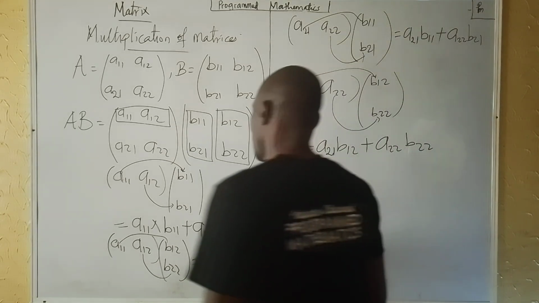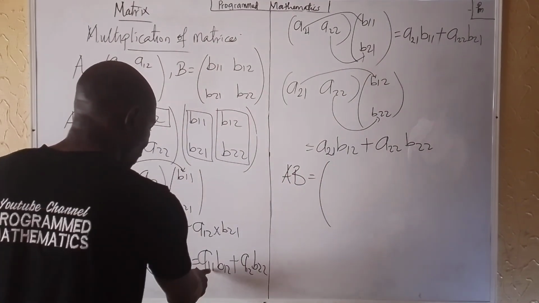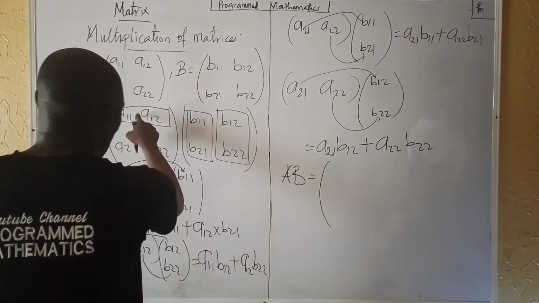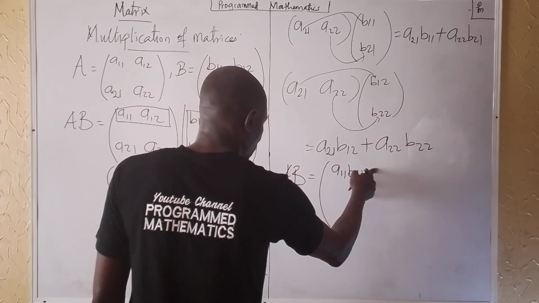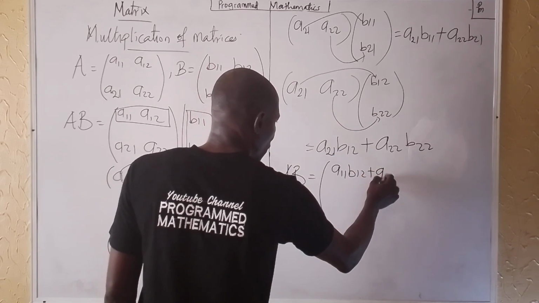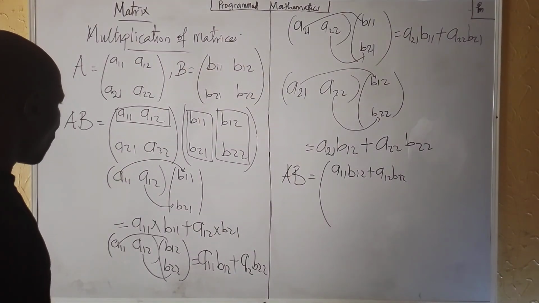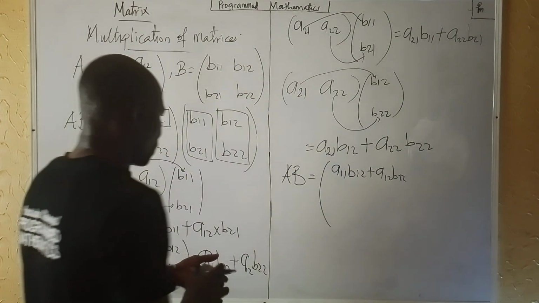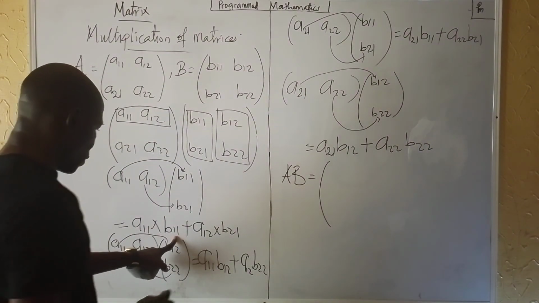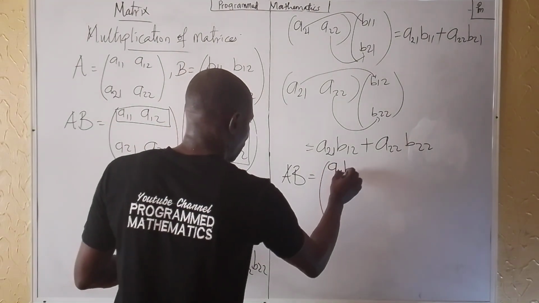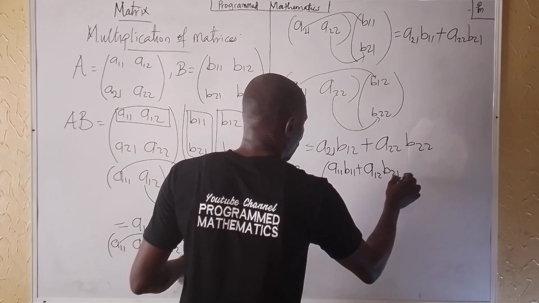So if we write all of this together, it means matrix AB is a matrix having, for the first row, first column, A11 B11 plus A12 B21.